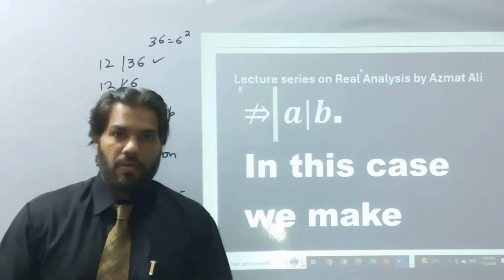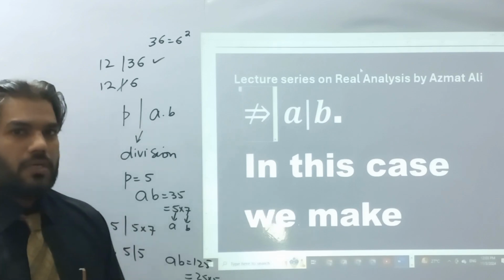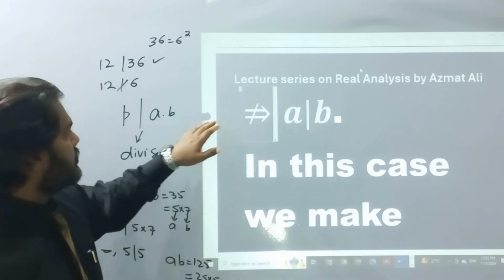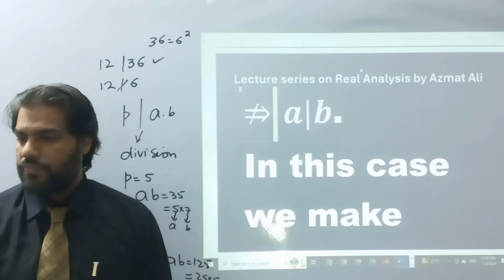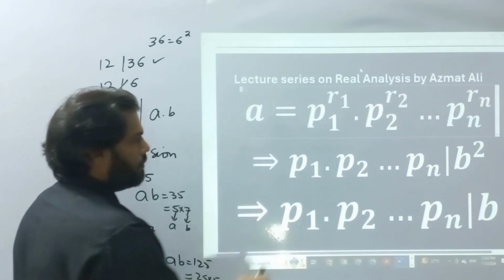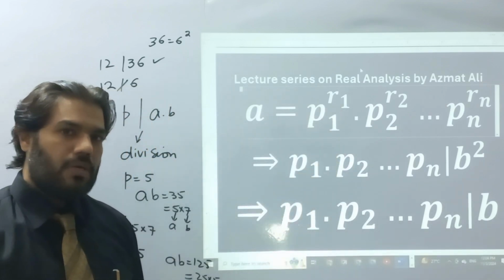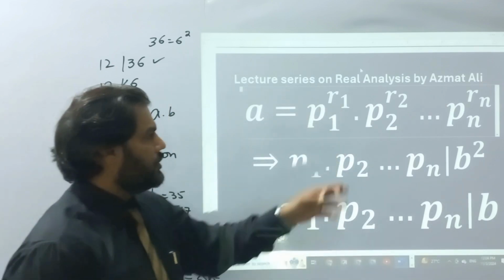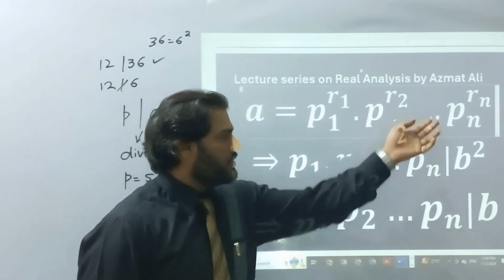So what will we do in this case? Firstly, we will make the prime factorization of the composite number A. Suppose the prime factorization of A is p1 raised to power r1, that is the first prime repeated r1 times, p2 raised to power r2, and so on, pn raised to power rn.